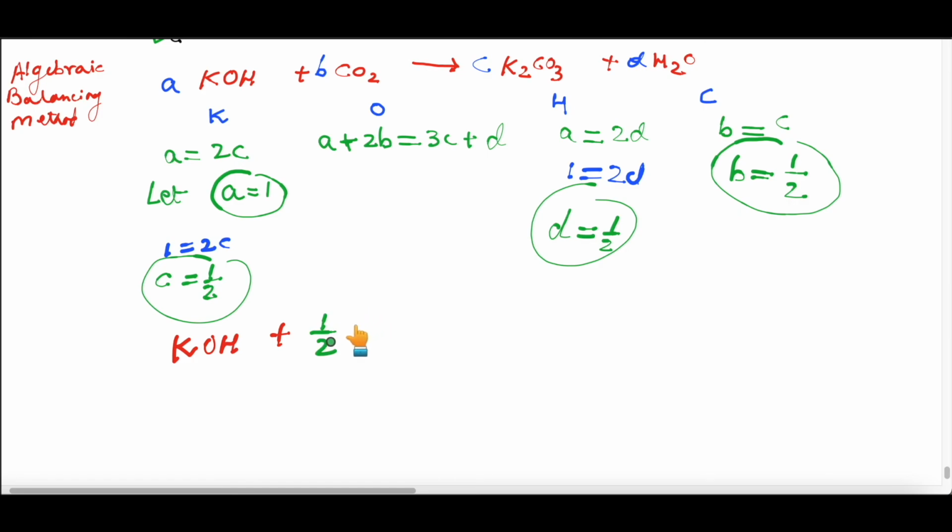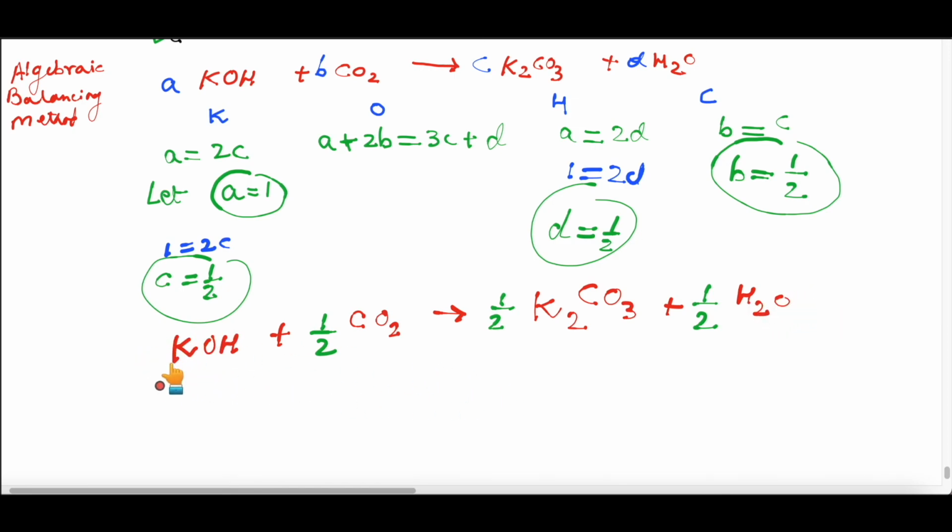So the value is half CO2 gives C K2CO3 and we know that the value of C is half. So we have half K2CO3 plus D H2O. We have the value of D as half. So the equation is half H2O.